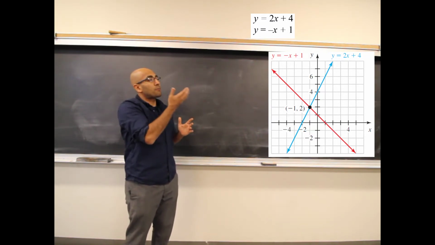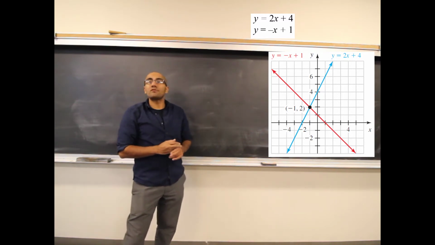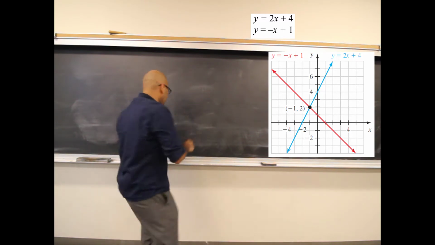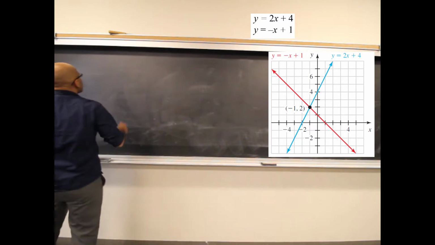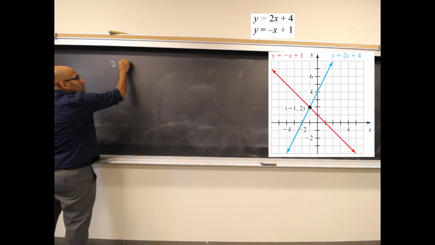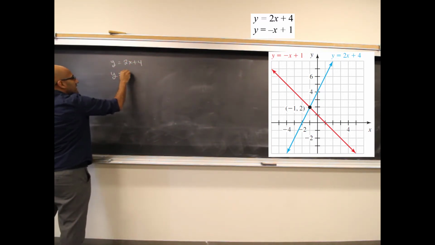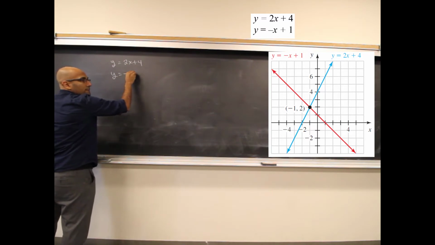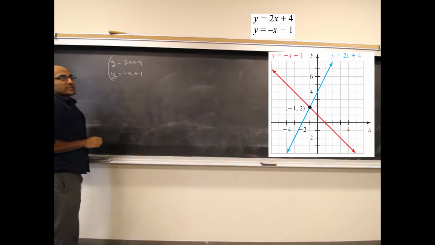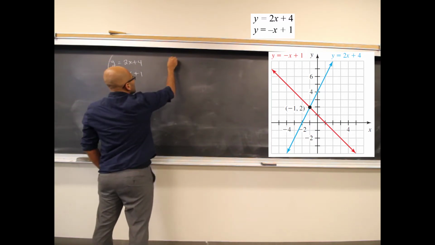And so one particular ordered pair, (-1, 2), happens to be a solution to both. So we had the equations y equals 2x plus 4 and y equals negative x plus 1. Here was our system.